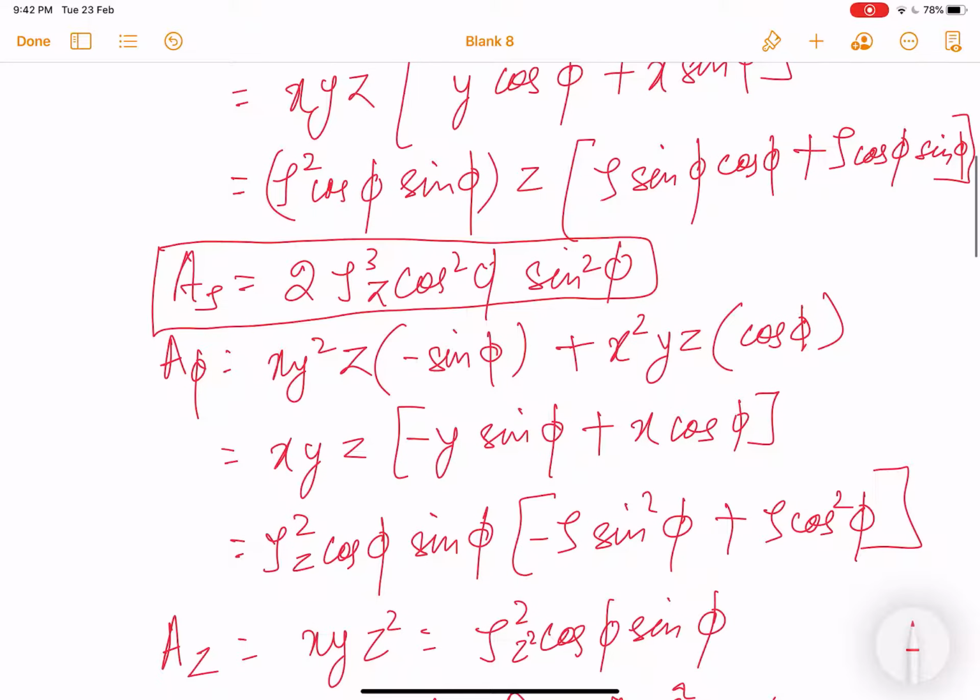Let me now solve it over here. This is 2 into rho cube, that is 5 raised to the power 3, then into z, z is again 5, then cos square, this much, then into sine square, also sine square, 306.86.